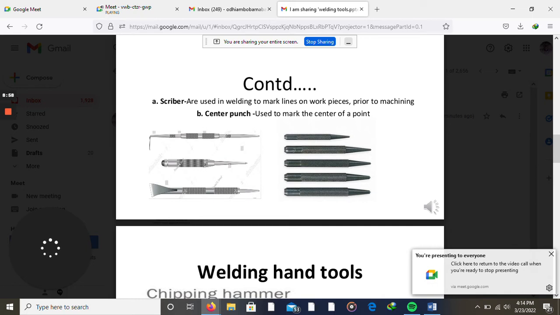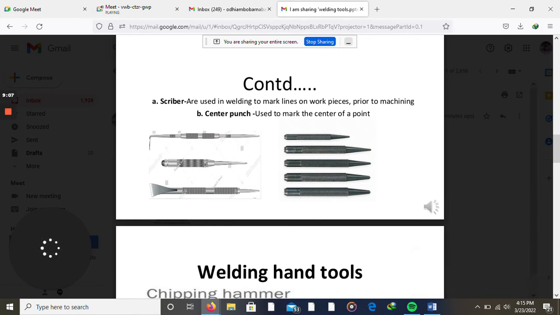So we have a scriber on your screen. The scribers are displayed on the left of the slide, and the ones on the right are the center punch. So who can read me the function of the scriber? Vincent?